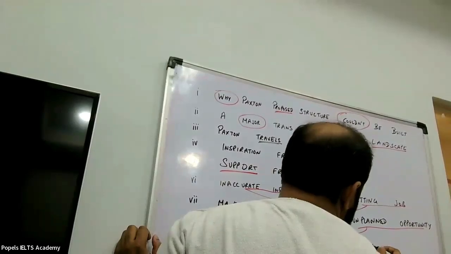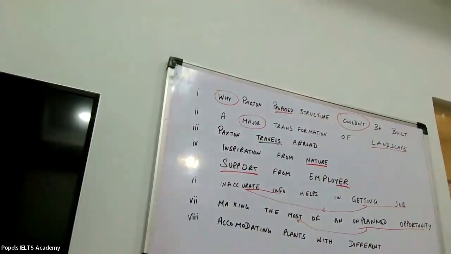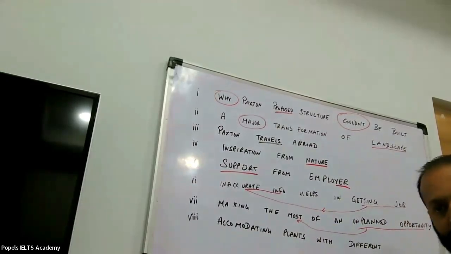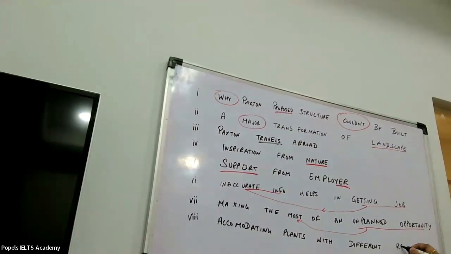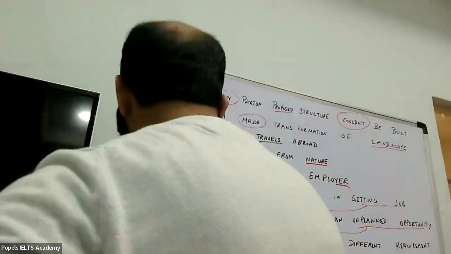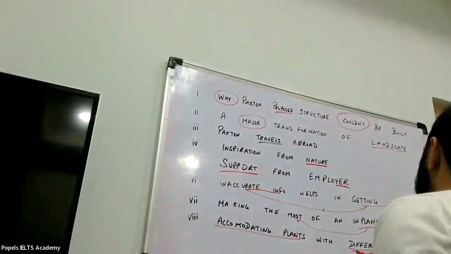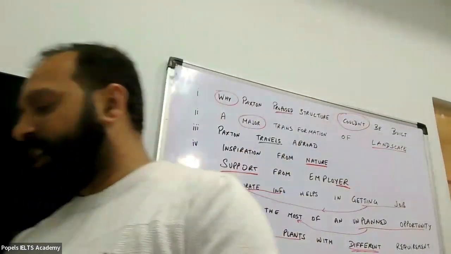Let's take an example. They are discussing about different climatic conditions, different manure required to nurture the plant. Clear? So the keyword is accommodating plants that has different requirements. Different is the keyword here.